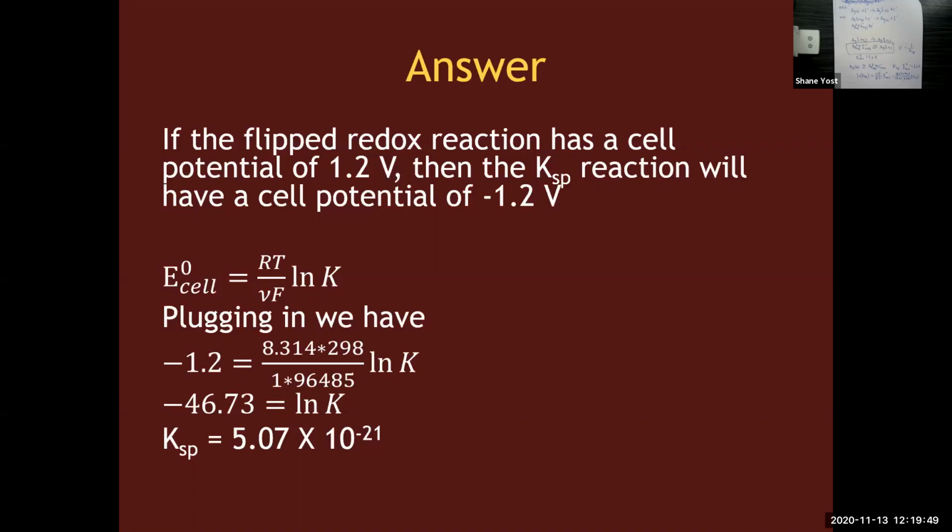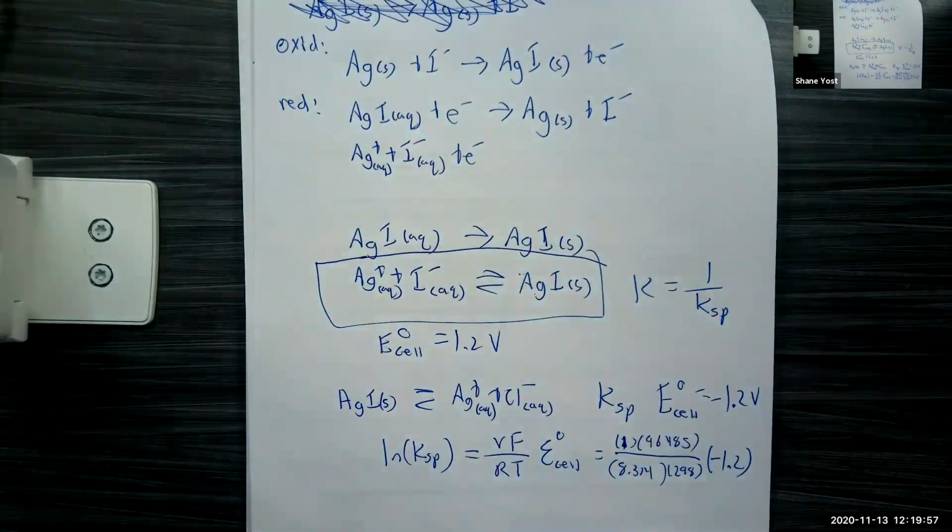Yeah, for that reaction, the question here is about K equals KSP. For this reaction, I have the ions added together to form the solid. The equilibrium constant for that reaction is 1 over Ag plus times 1 over I minus, which is just 1 over the KSP.